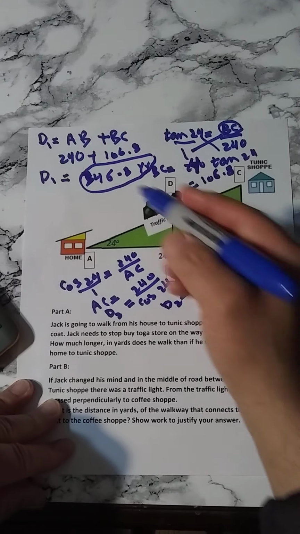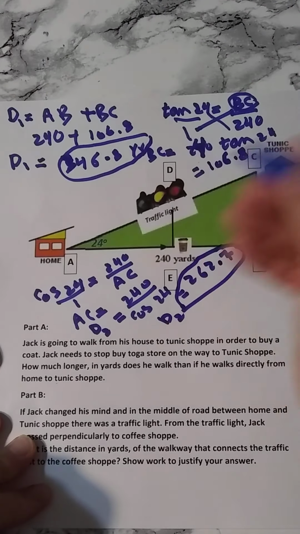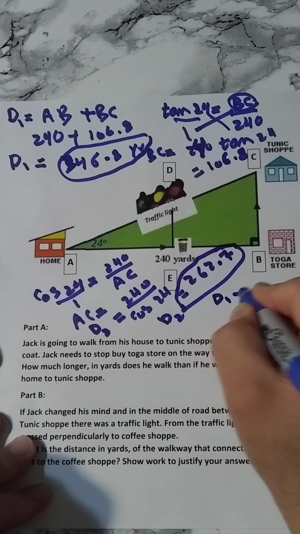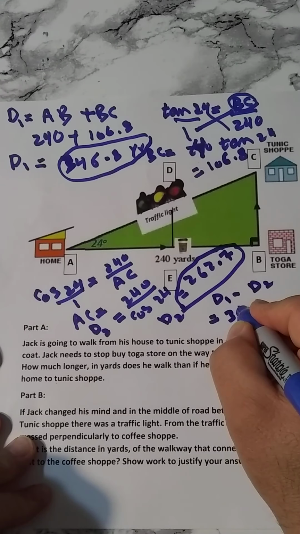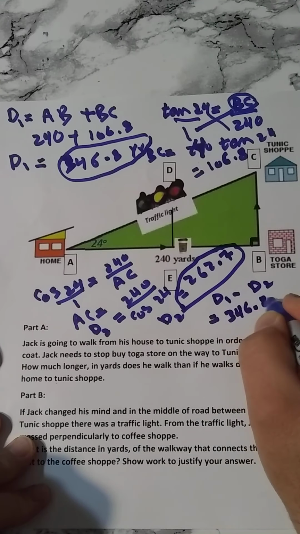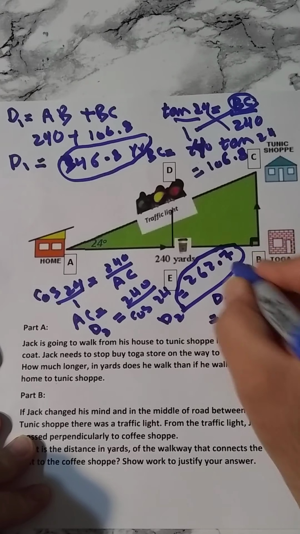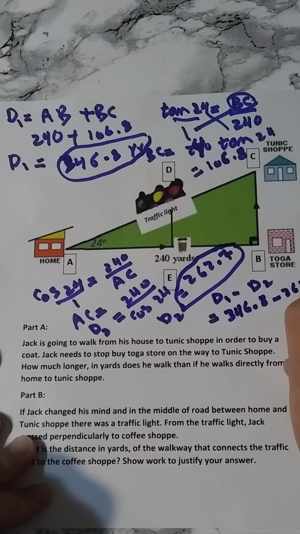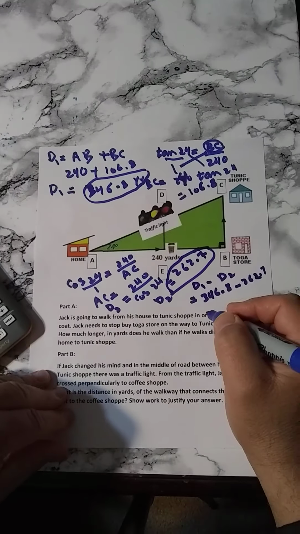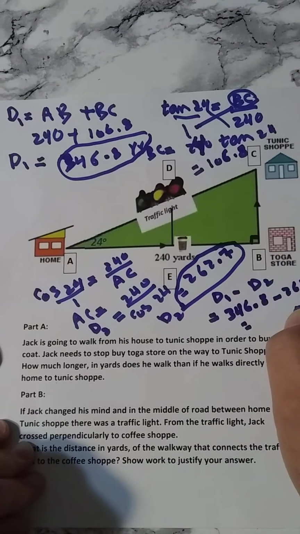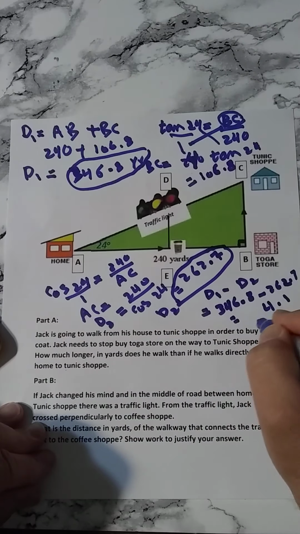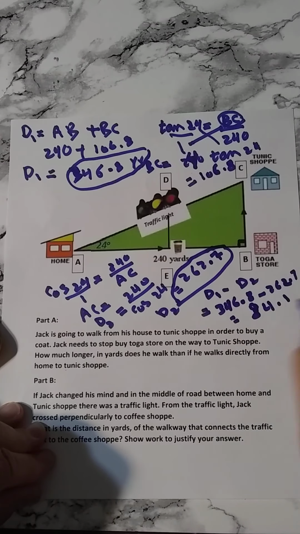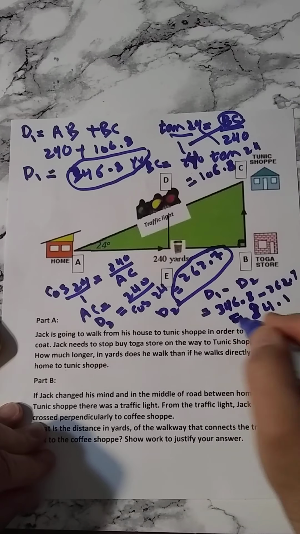Now you could subtract distance 1 minus distance 2 to find the difference. Distance 1 minus distance 2 equals 346.8 yards minus 262.7, and it's 84.1 difference.